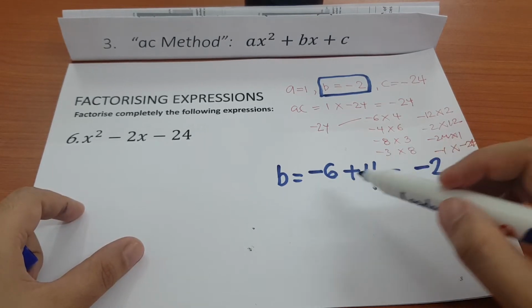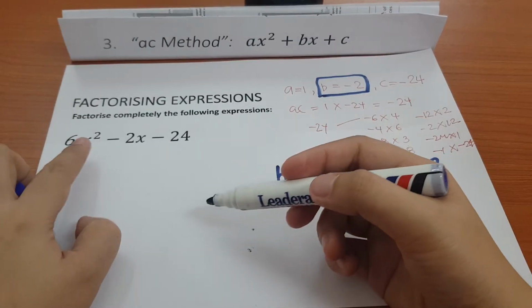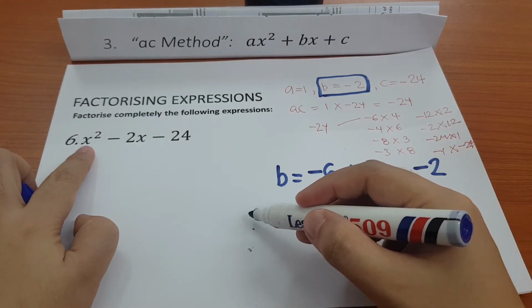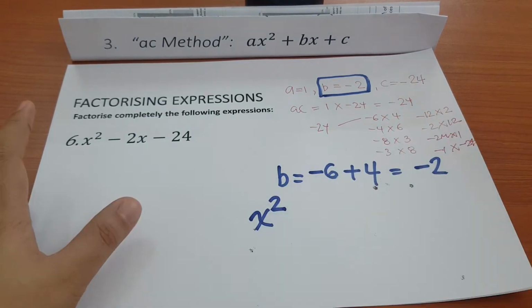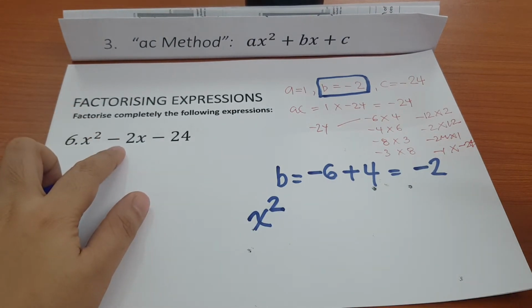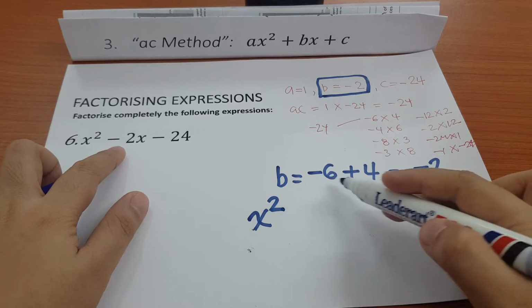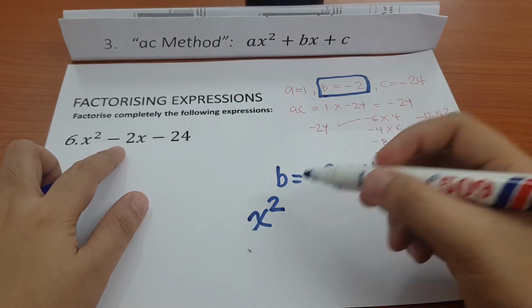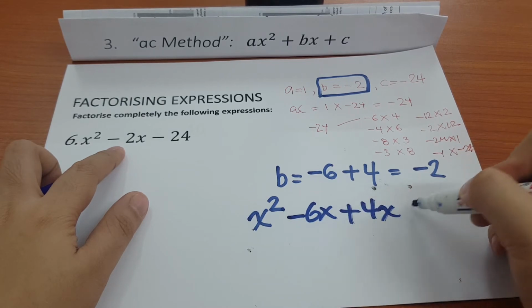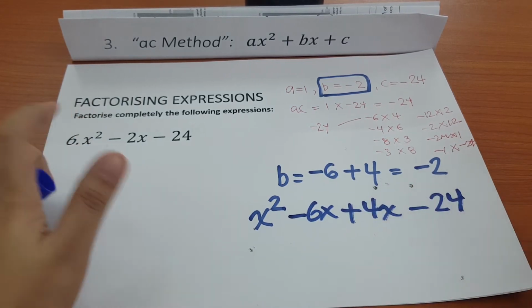So this will be your pair. So let's continue. Instead of minus 2x, you will replace it with this pair here. So minus 6x plus 4x minus 24.